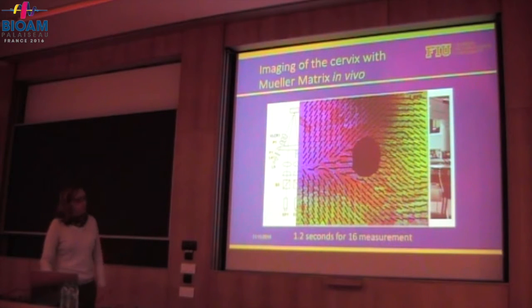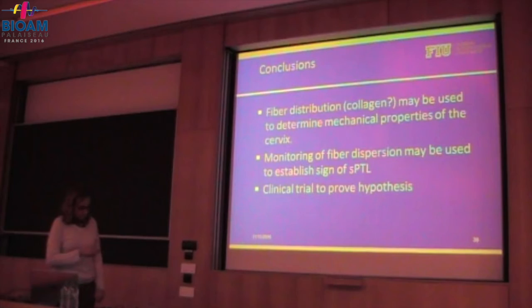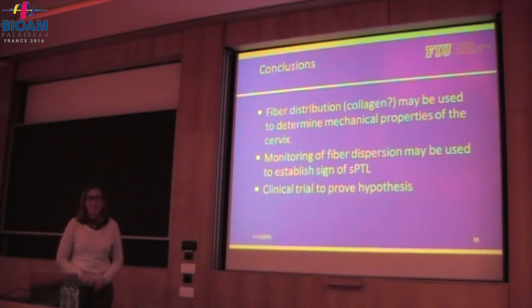But we are now entering a clinical trial phase to demonstrate this hypothesis: can we use this fiber distribution arrangement to predict preterm labor? Again, we're in clinical trial to prove the hypothesis. So maybe I will report back to you in a few weeks. Thank you.